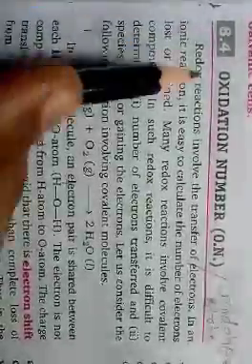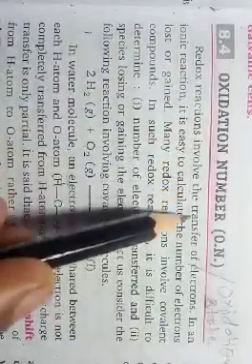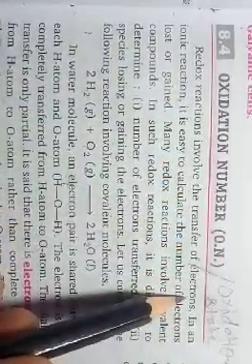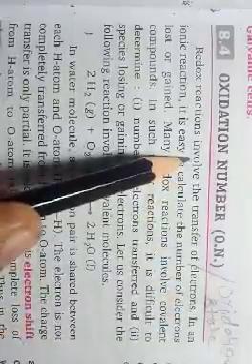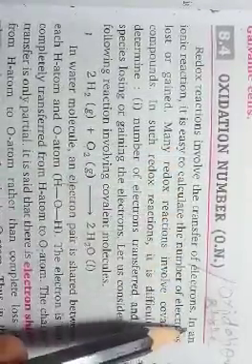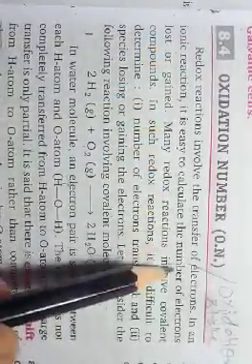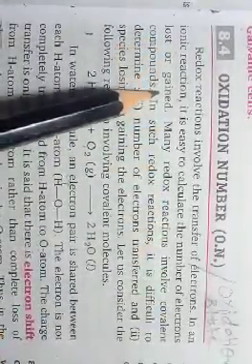According to the first line, redox reactions involve the transfer of electrons. We all know that in redox reactions, transfer of electrons is taking place. In an ionic reaction, it is easy to calculate the number of electrons lost or gained.